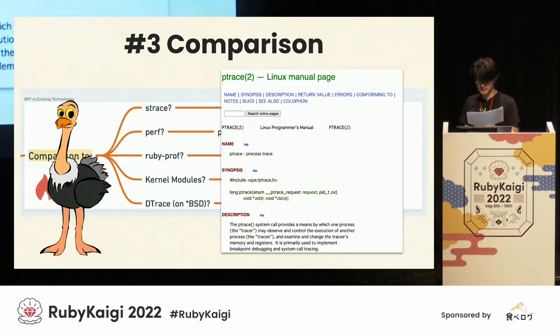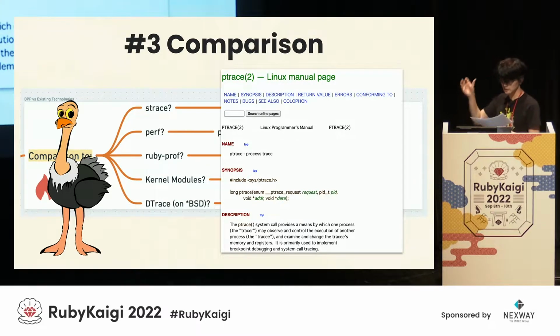Strace provides powerful tracing of system calls, but it has a large performance impact because it repeats stopping and resuming the process. So the performance can't be ignored.